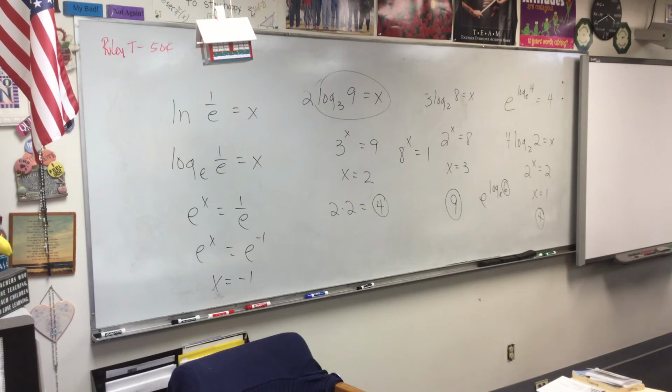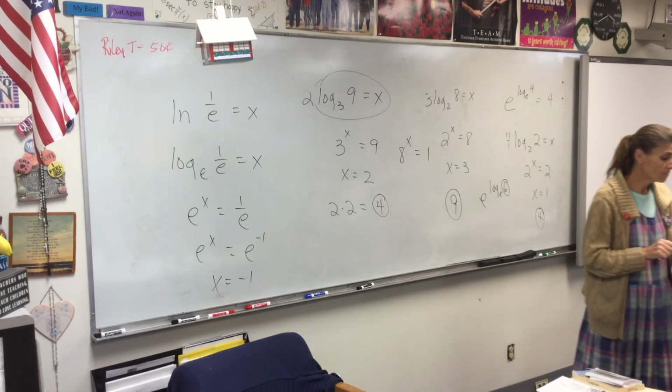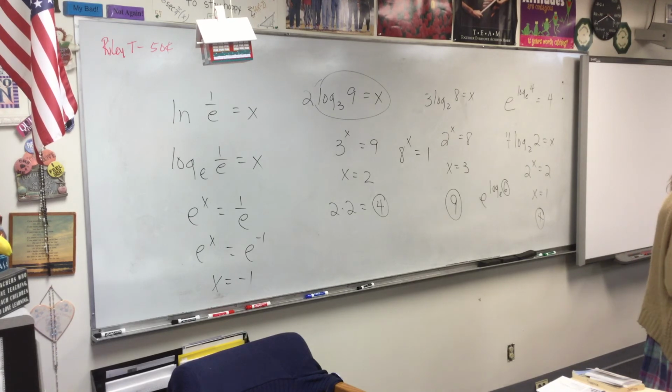D. Log 15.47. 1.1895. ln 1 divided by 23. Negative 3.1355.